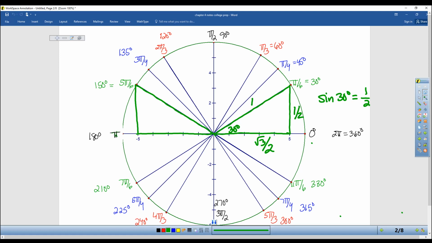Their proportions are exactly the same. So even though this angle was 150, we can still consider the 30-degree angle. So we call that a reference angle. I'm going to refer to 30, which means if I know sine of 30, I also know sine of 150. It's also going to be 1/2, 1/2 to 1.